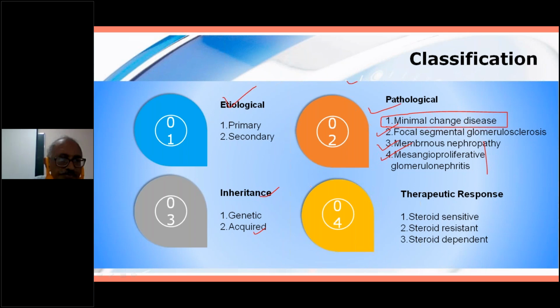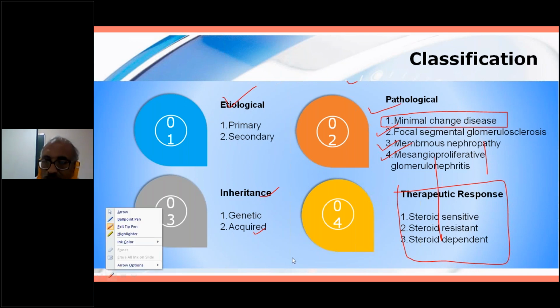And the most practical, day-to-day one, as a clinician, what is required is a therapeutic classification. This is very important. What is the therapeutic response? Whether it is responding to treatment or not, whether it is responding to steroids, that is steroid sensitive. If it's not responding, it is steroid resistant.